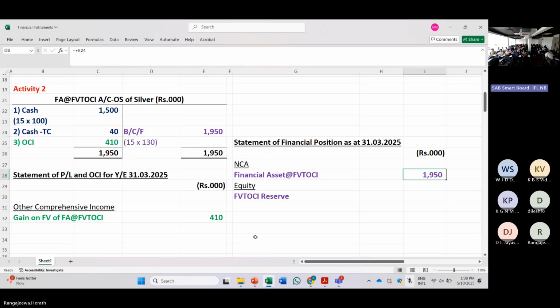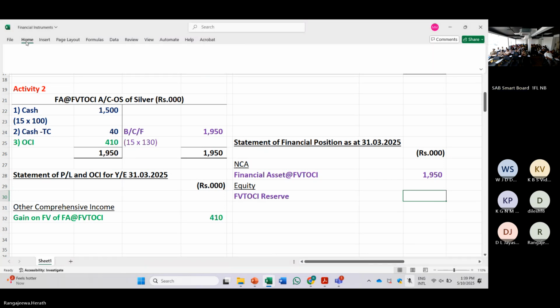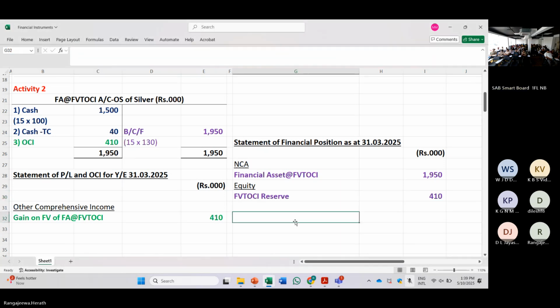It is recognized as a separate equity item. Financial asset fair value through OCI reserve. Got it?